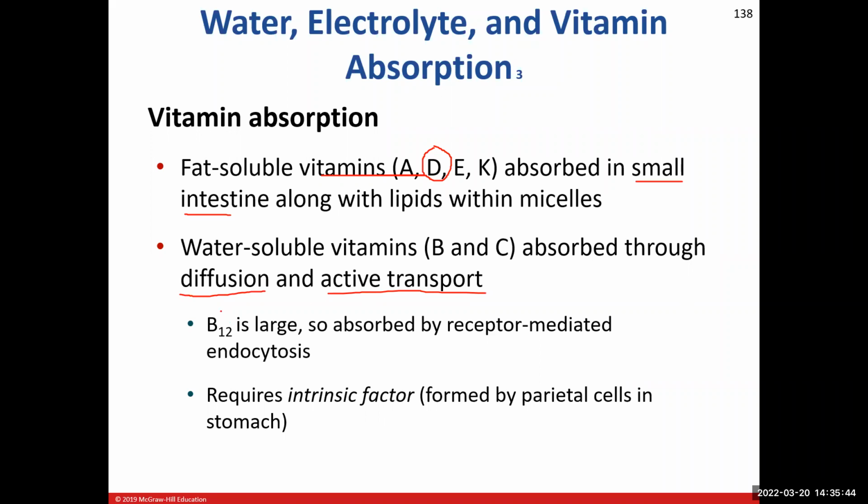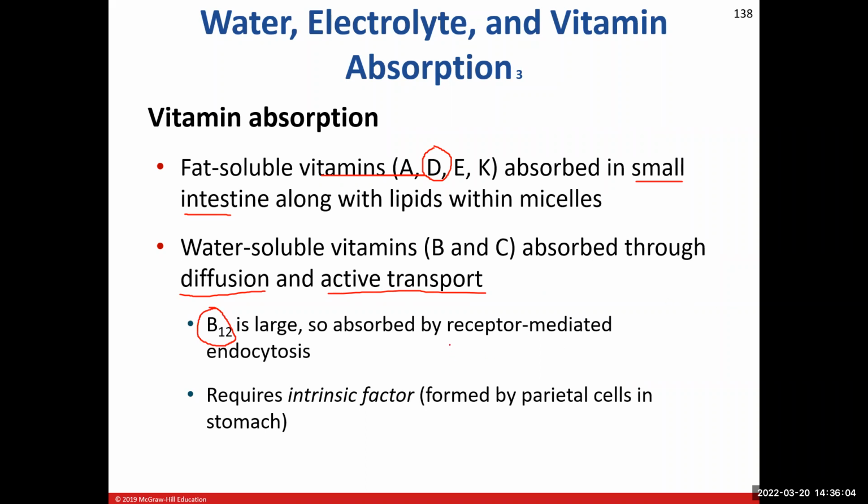This one is worth noting, vitamin B12. It's very important. We need that for the production of erythrocytes, red blood cells. So vitamin B12 absorption occurs quite a bit in the ileum. That's the distal portion of the small intestine.